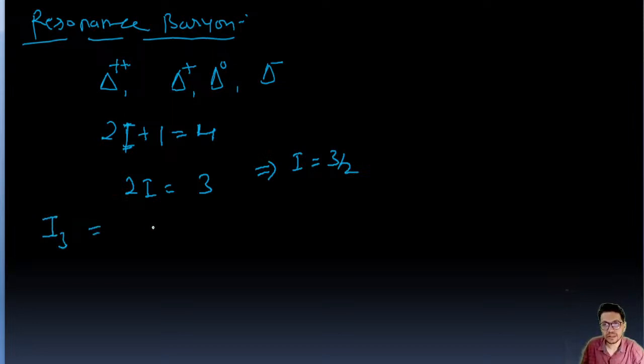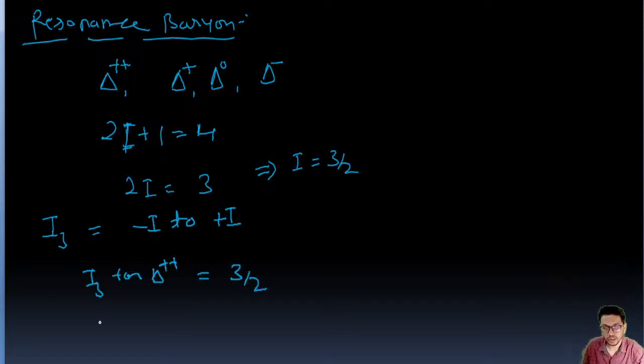I3 values run from minus I to plus I. This formula I have already explained. So I3 for delta plus plus is going to be 3 by 2.